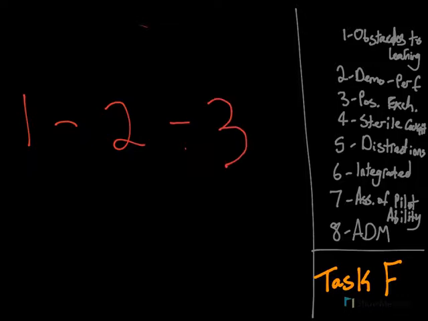The first step is when someone says that you have the flight controls. Let's say I'm flying with you, and I'm controlling the plane. I say, all right, that was good. You have the flight controls. You will then respond and say, I have the flight controls. I will then say one more time, you have the flight controls, and I'll put my hands up and visually indicate that I am not touching the controls at this point.